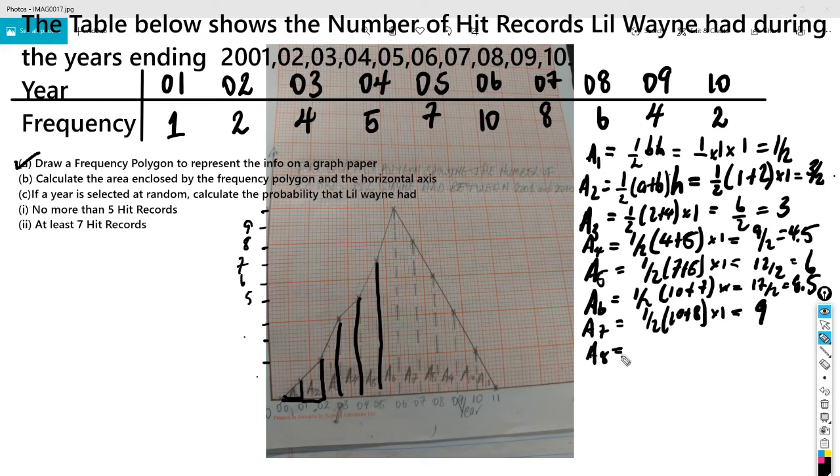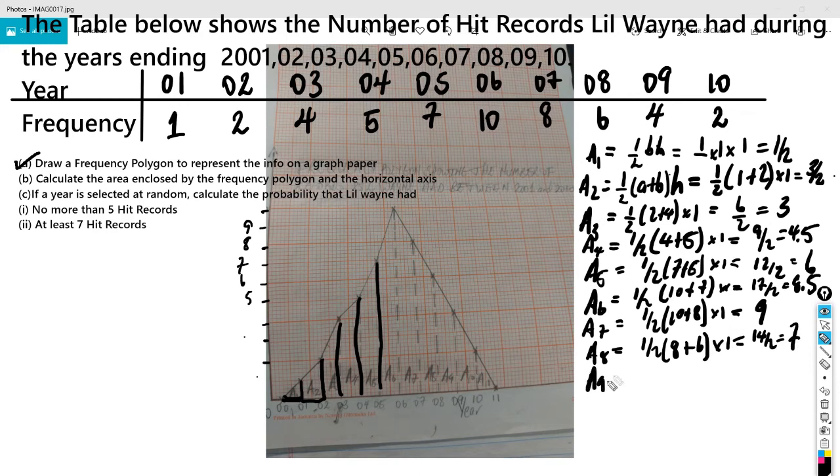And A8 is equal to half times 8 plus 6, right? Multiplied by 1, which is equal to 14 over 2, which is equal to 7.